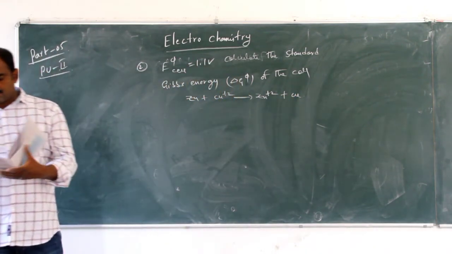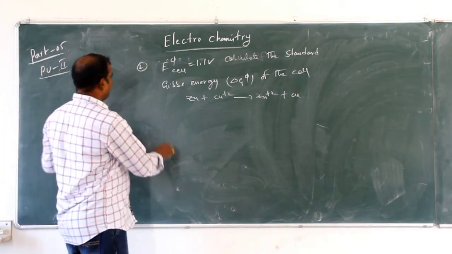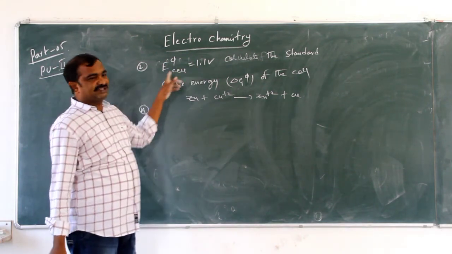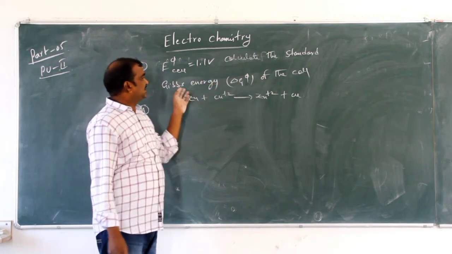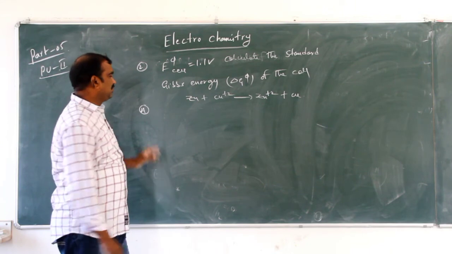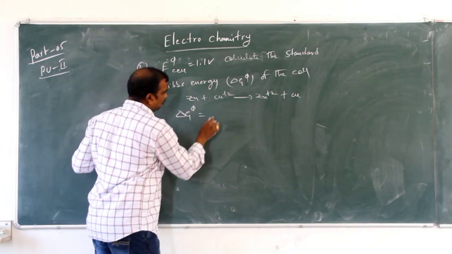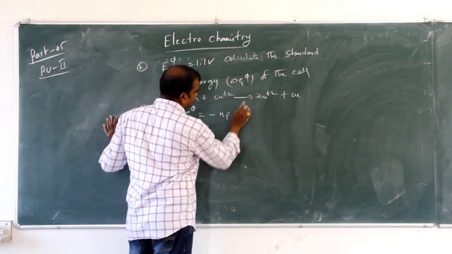So what do you have to calculate here? E0 cell, the standard EMF of the cell, is given as 1.1 volts. Calculate the standard Gibbs energy of the cell. We know the standard Gibbs energy delta G0 is equal to minus nF E0 cell.